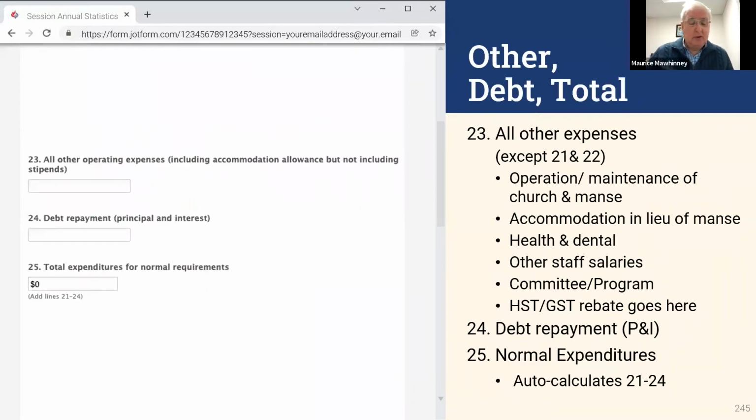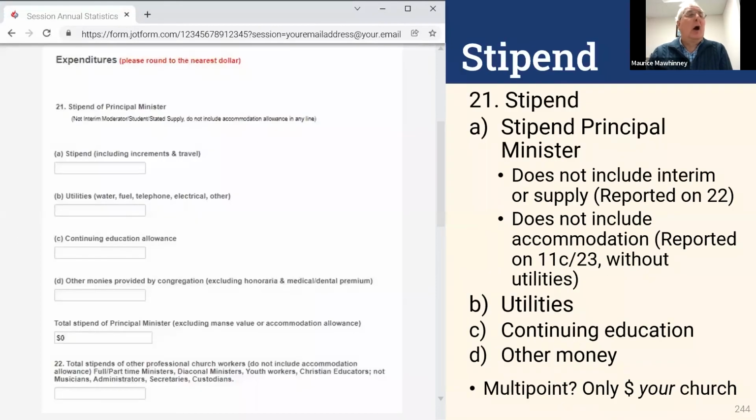Okay, we come to the other expenses. On line 22, you do have to fill in the amount that you're paying to other professional workers who are either full-time or part-time, such as a second minister or a third minister, members of the diaconal order or ministry, youth workers, Christian education workers.